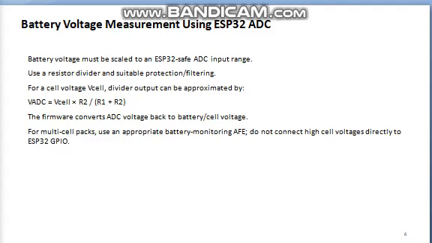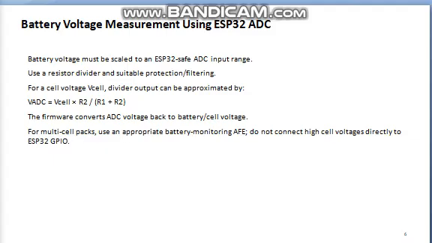So batteries may operate at 60 or 70 volt, whereas the ESP32 works in 3.3 volt. So what level of ADC input the ESP32 can hold, to that level you should reduce the voltage by using voltage dividers. That reduced voltage should be connected to the ADC input pin.